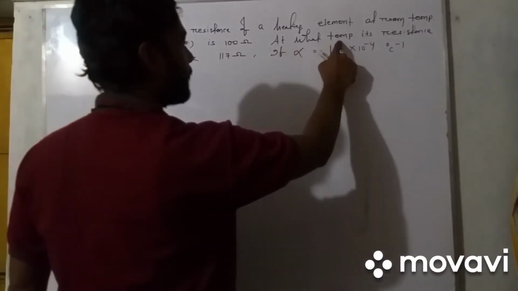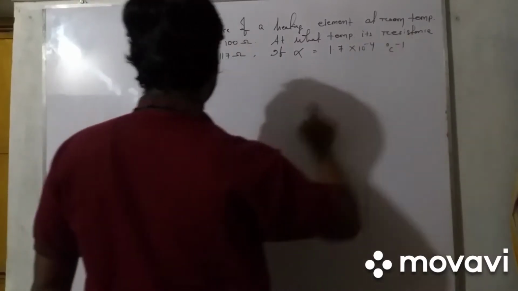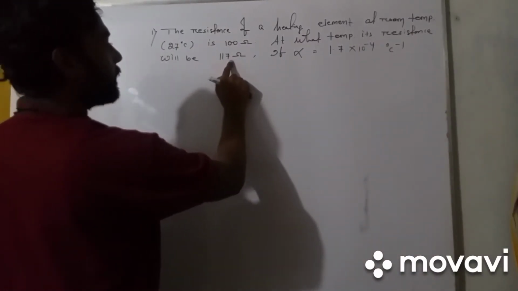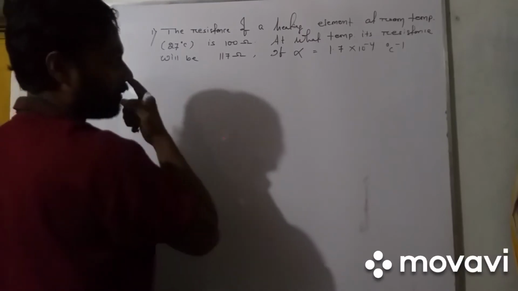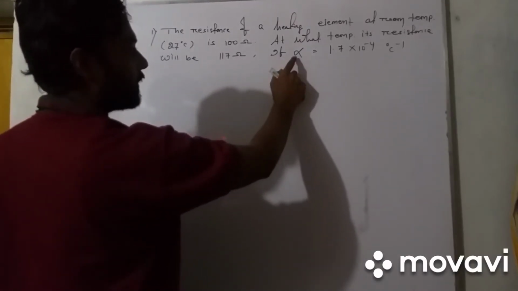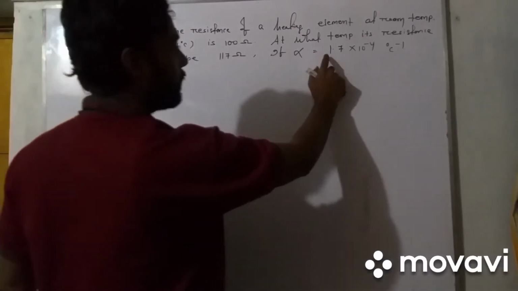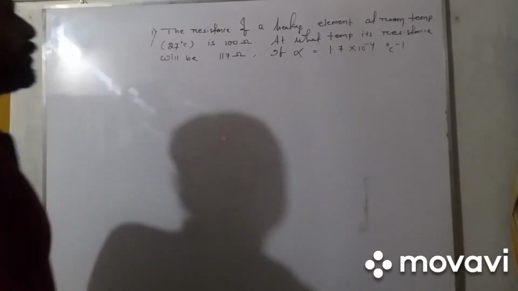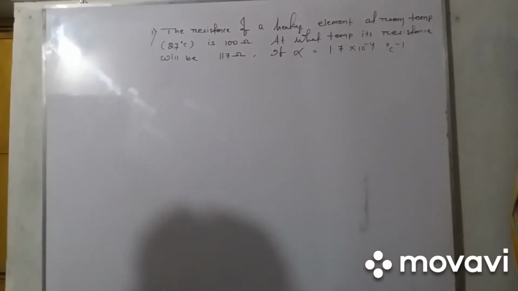At what temperature will its resistance be 117 ohm? The value of the temperature coefficient alpha is given, which is equal to 1.7 into 10 to the power minus 4 per degree centigrade.